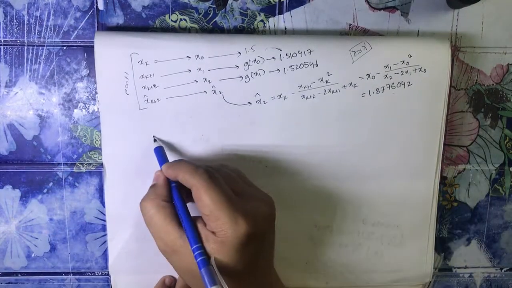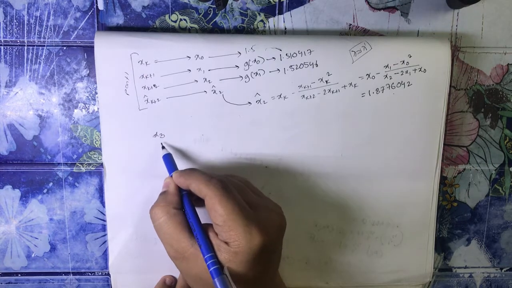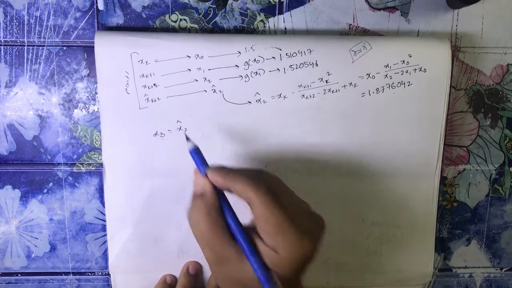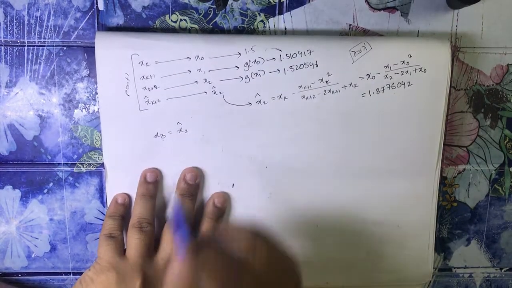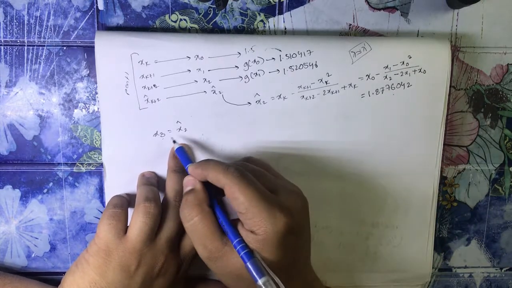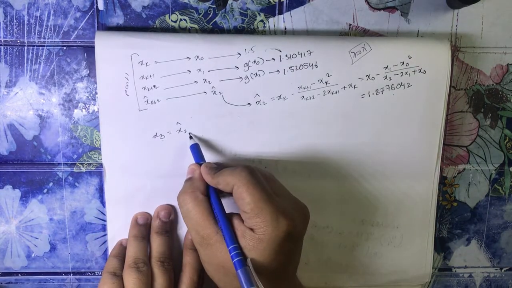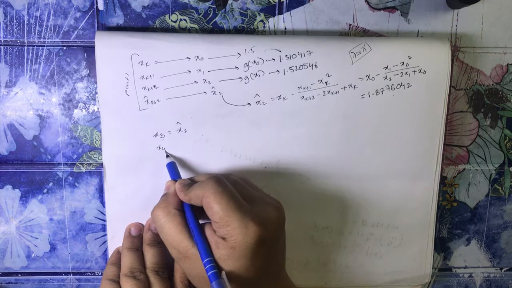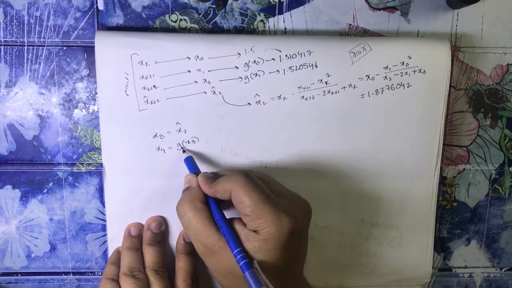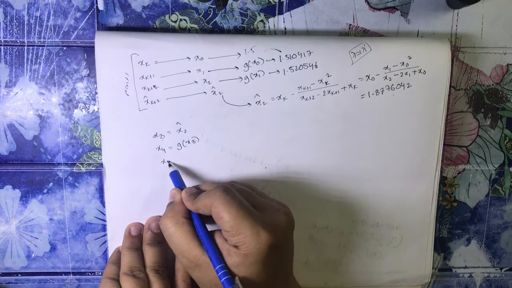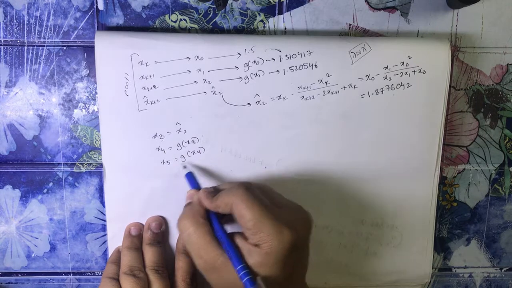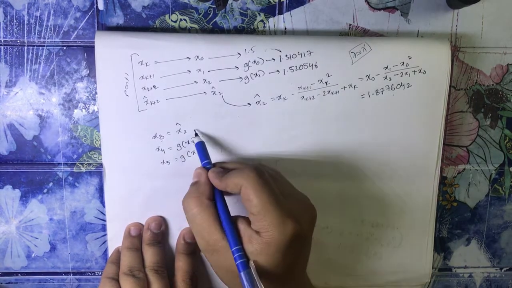For the next part, you'll assume that x3, my third value of x, is equal to x2 hat. Basically, we continue the process. x3 is equal to x2 hat and x4 is equal to g of x3. Just plug x3 into g, and we'll get x4. For x5, plug x4 into g, so we'll get x5.